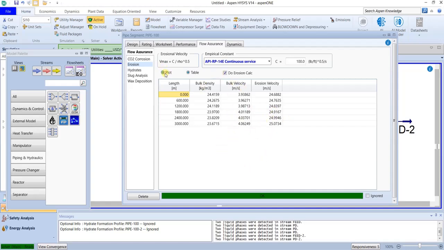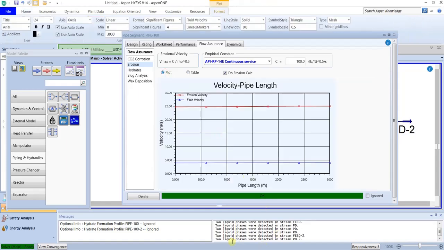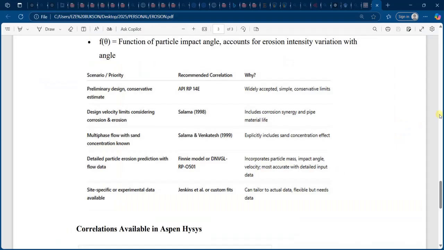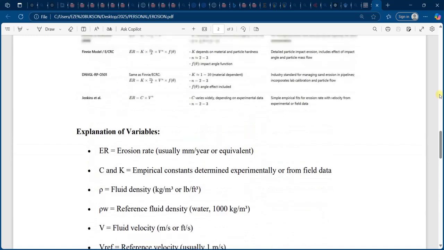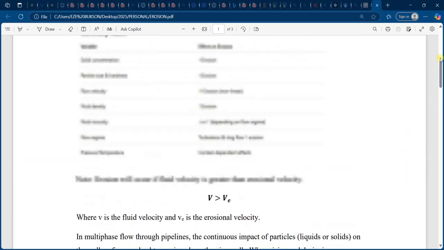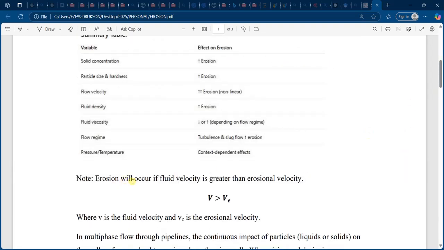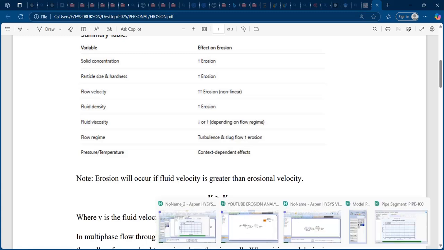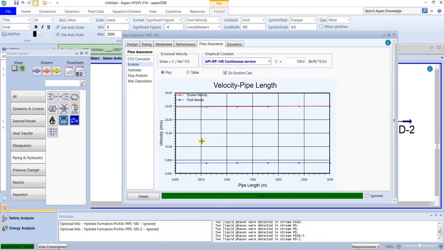Now, remember what I said earlier? Let's go back. So we have that for erosion to occur, fluid velocity should be greater than erosional velocity, right? So to determine whether erosion will occur in this pipe, you have to look at the fluid velocity plot and then the erosional velocity plot. Now, erosional velocity plot is the plot in red, while the fluid velocity plot is the plot in blue, right?